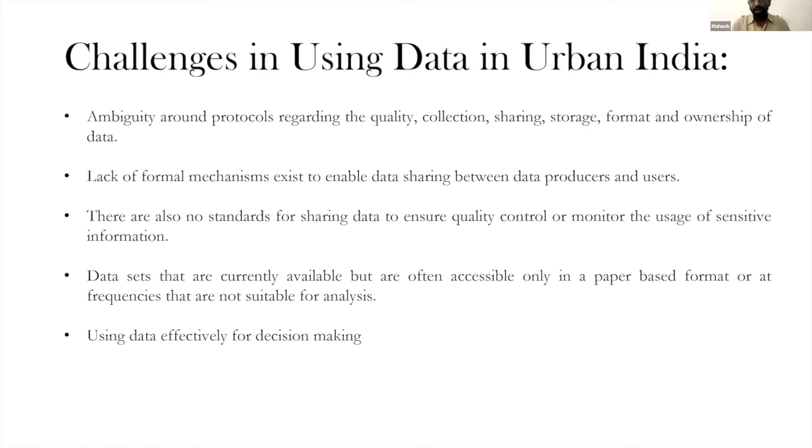But more importantly, much of the data is collected and maintained by urban local bodies, and they have a hesitation to share this data with the larger public and with research institutions for multiple reasons. One, they will be questioned about the quality, and they don't have an internal quality control mechanism.